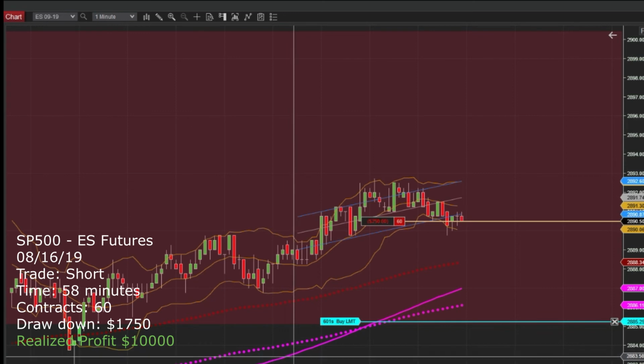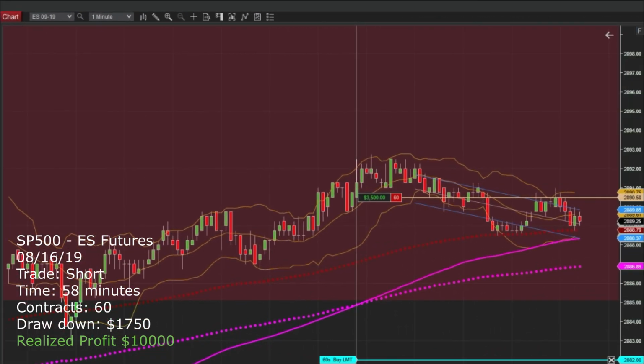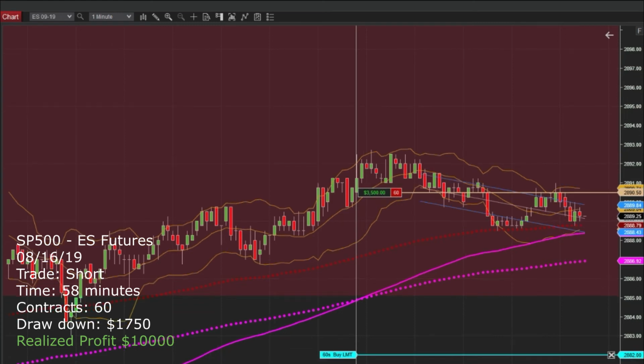Okay, back, waiting patiently for the short to move to the downside. Waiting for a top to be put in. All right, we did make a little bit of progress to the downside.